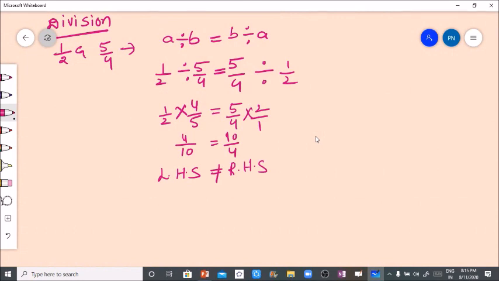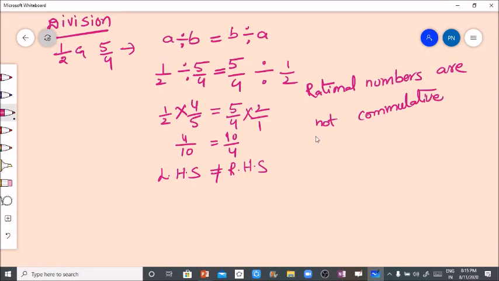So we conclude that rational numbers are not commutative under division.